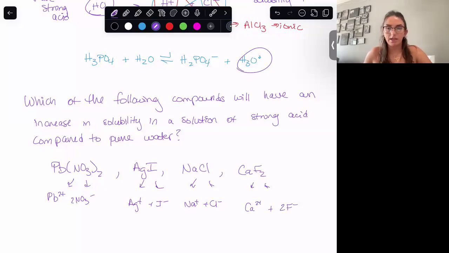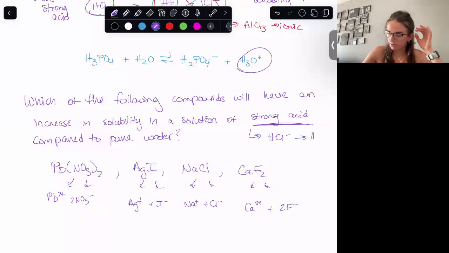Right, so as we're looking at these, we're saying that we're in a strong acid. A strong acid, whatever that may be, I always just think of HCl first, right? That will always completely dissociate into H plus and Cl minus. The strong acid component that we care about is the H plus. So if we take our H plus and pair it up with NO3, that would form HNO3.